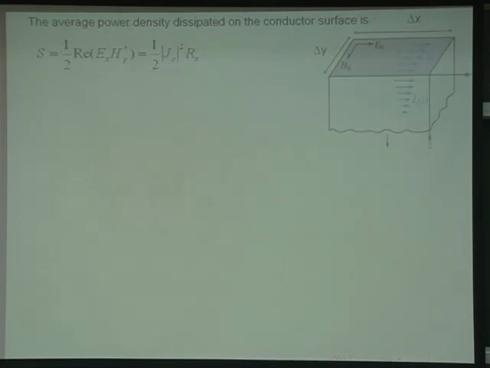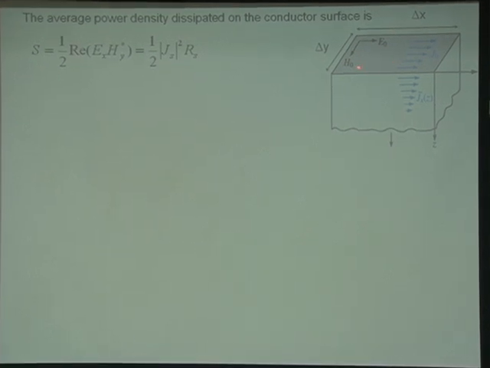Finally, let's calculate how much energy is lost inside this conductor. Okay, now you have a surface current. Therefore, you have some loss inside this material when you send an electromagnetic wave into this piece of conductor.